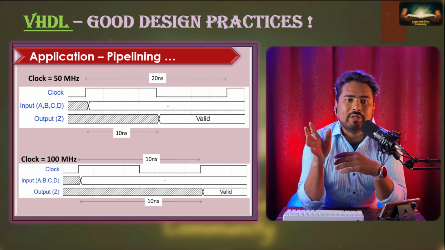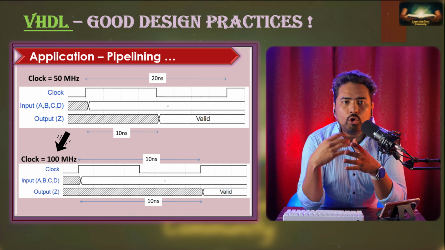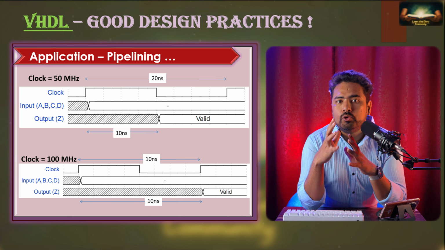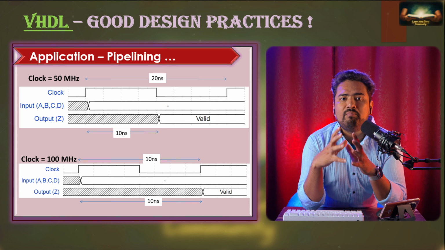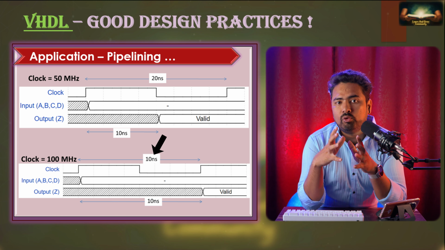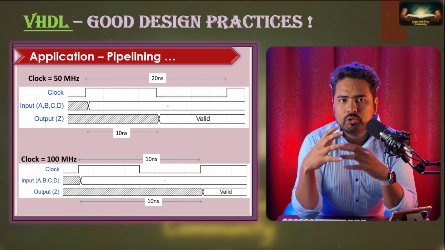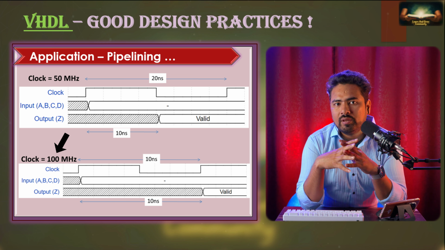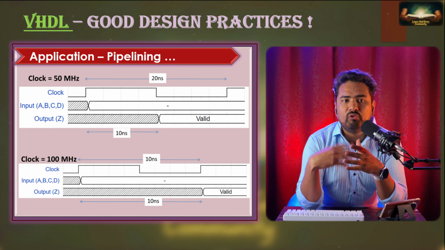That was 10 nanoseconds, right? It means we cannot use more than a 100 megahertz signal for that design. If you use it, then your design will malfunction because your signal transitions will not happen before the cutoff time. So 100 megahertz is the maximum operating frequency for your design. And now the task is to improve it.